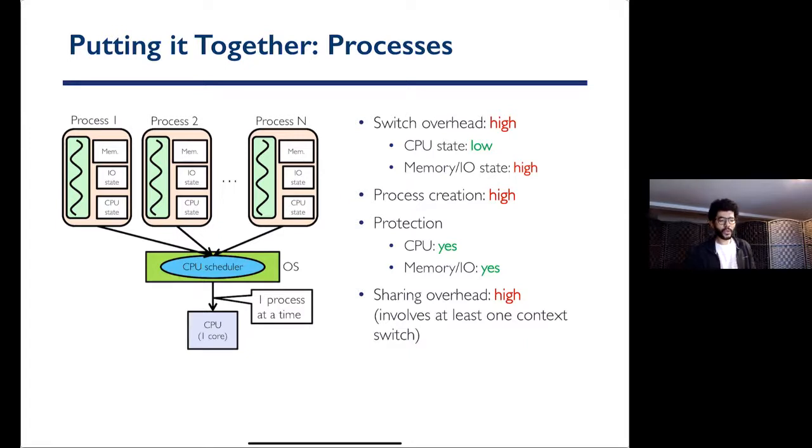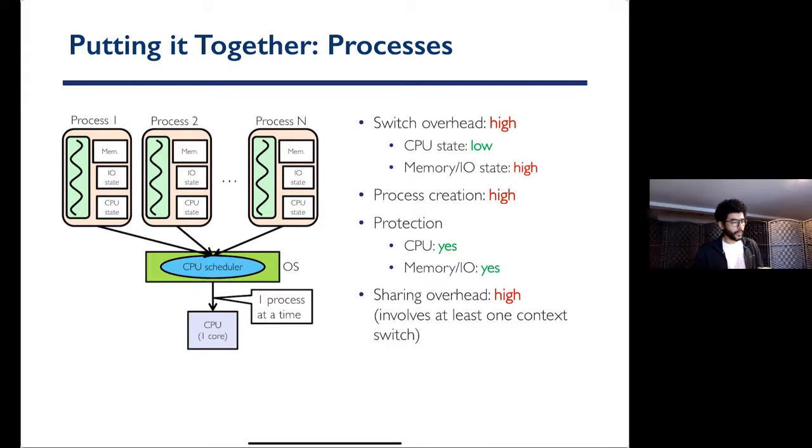Because of that, the switching overhead is high, right? Because we are switching between processes, and usually switching between processes means that you need to bring their memory state to your physical memory, and copying memory state is absolutely expensive.